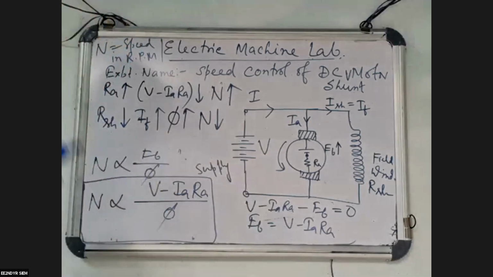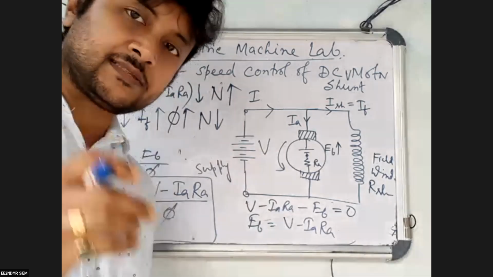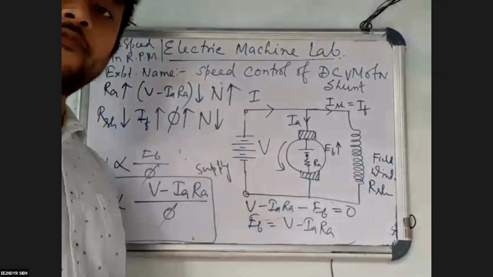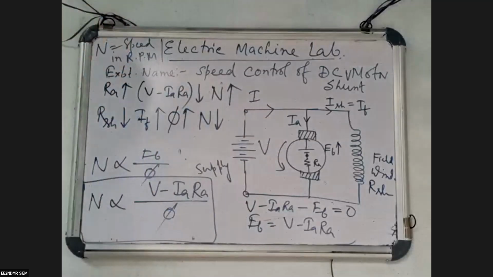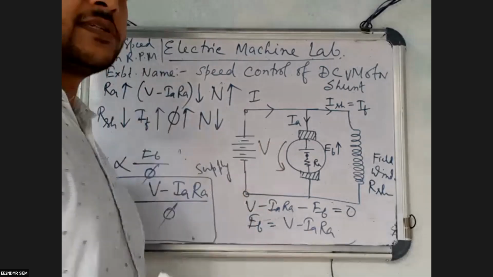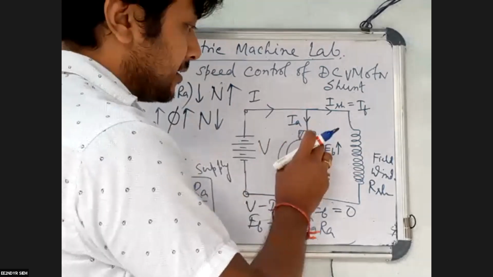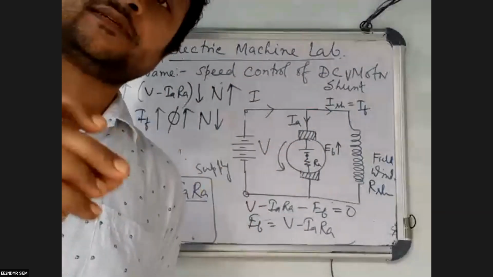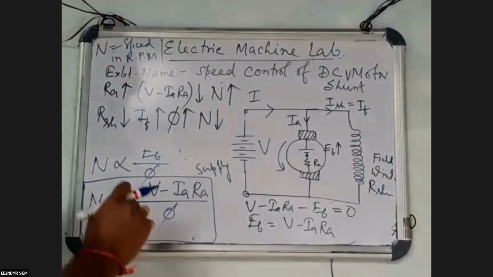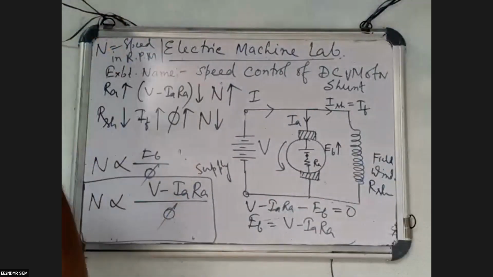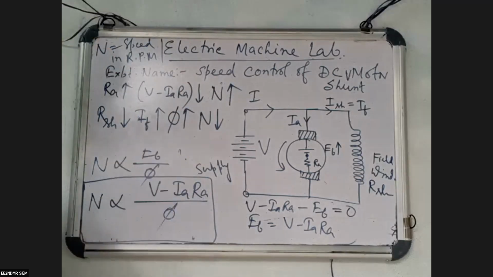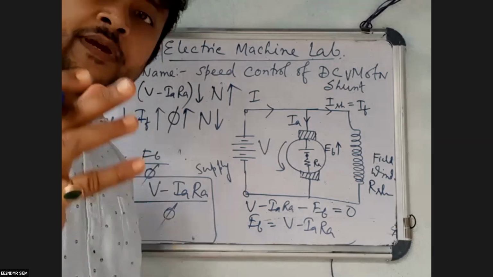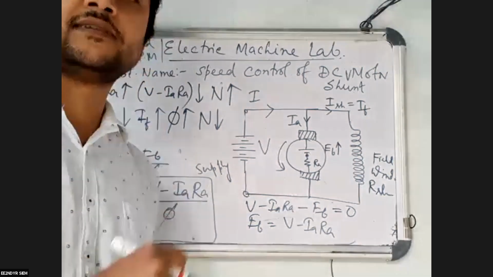But in practical cases, if we increase the value of voltage, automatically speed increases. And sometimes in the load condition, when this particular machine is loaded, it has been seen that when the flux increases, speed also increases rather than decreases.